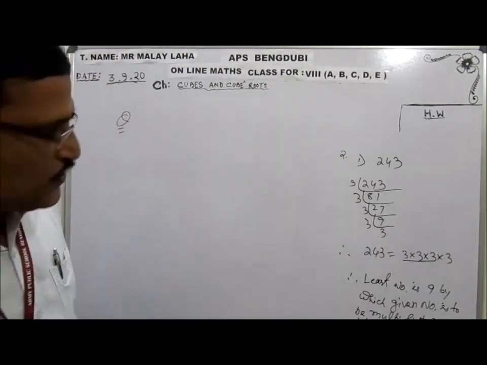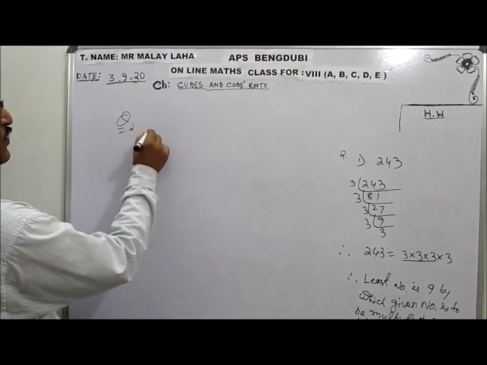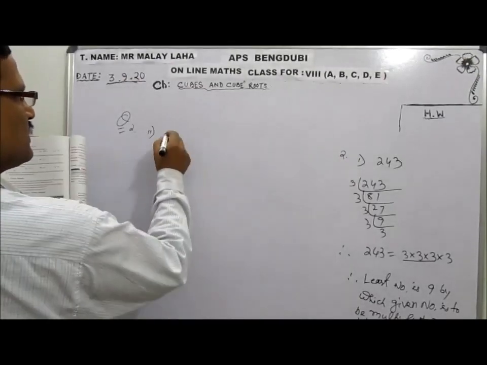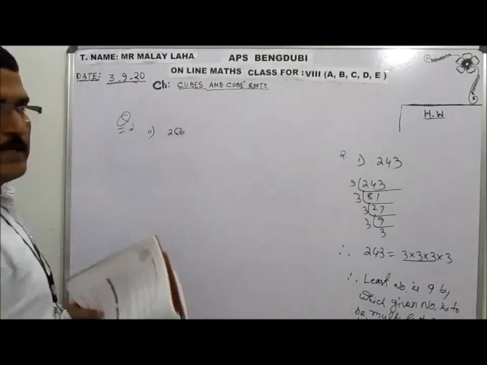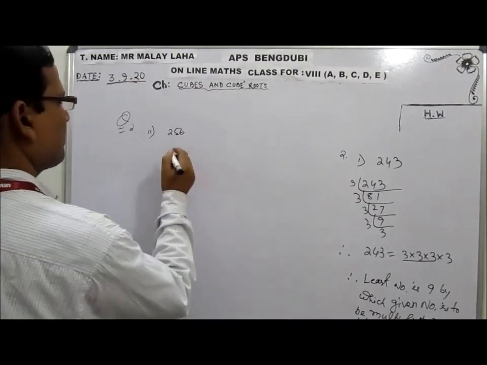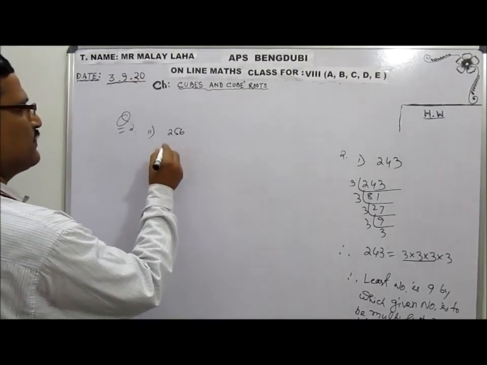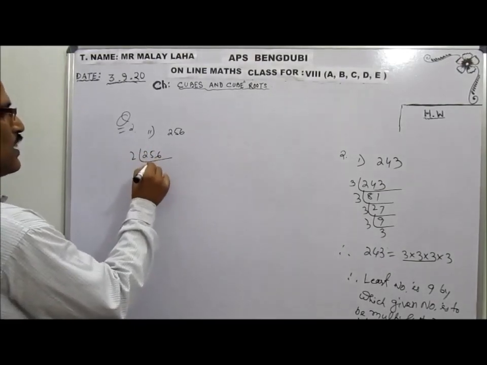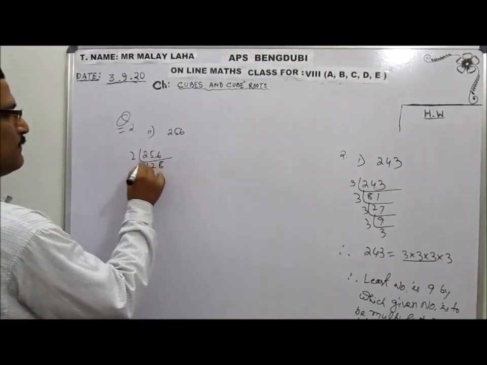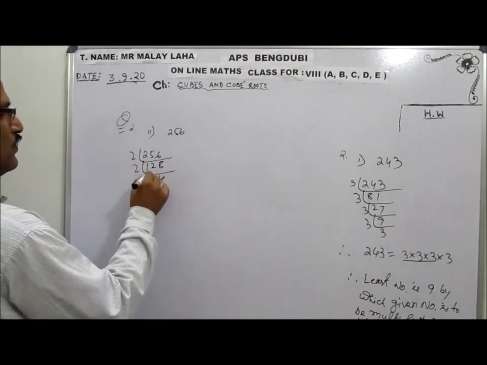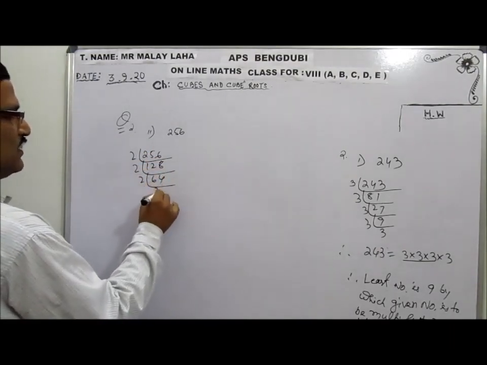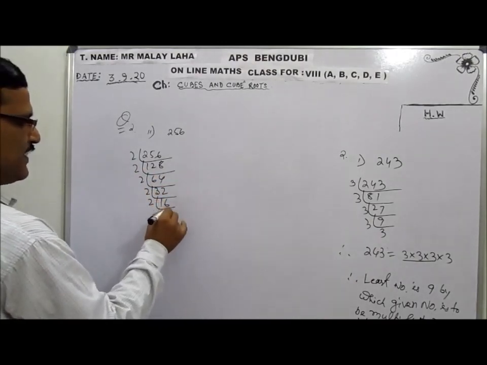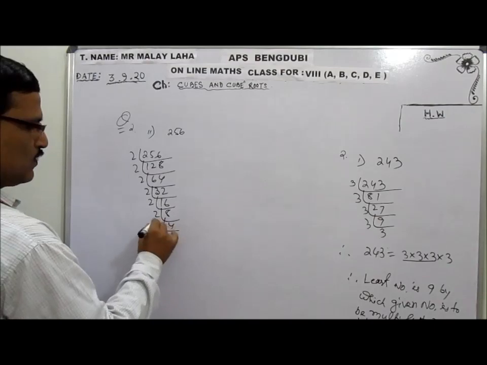Okay. Question number 2, part 2. What is the least number? Given number is 256. Clear? 256. When you multiply it by... 256 break down: 128, break down 64, break down 32, break down 16, break down 8, 4, 2.